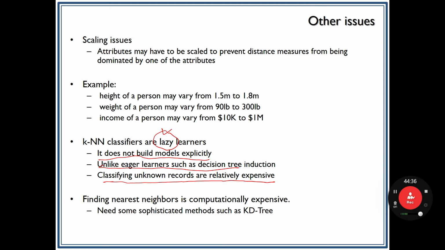So if the size of the training set is large, then KNN, k-nearest neighbor, may not be a good option, because it takes a long time to compute the distances between the new data point and the other data points in the training set. That is the disadvantage of the k-nearest neighbor.